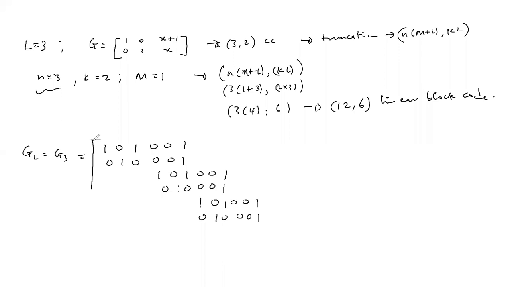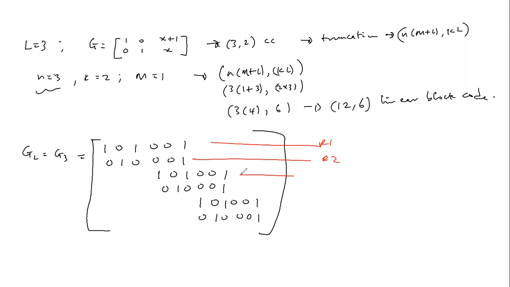Okay, so we have this. So now we have row 1, row 2, row 3, 4, 5, row 6. How about the columns?